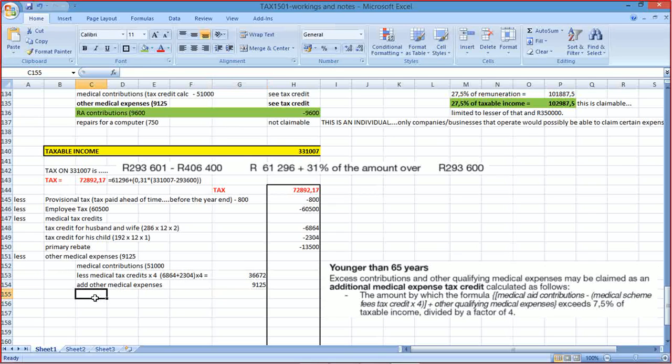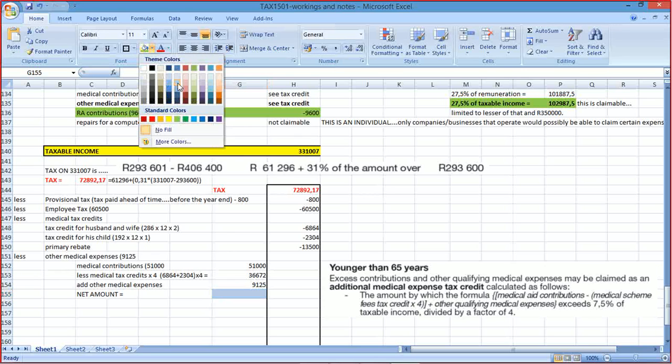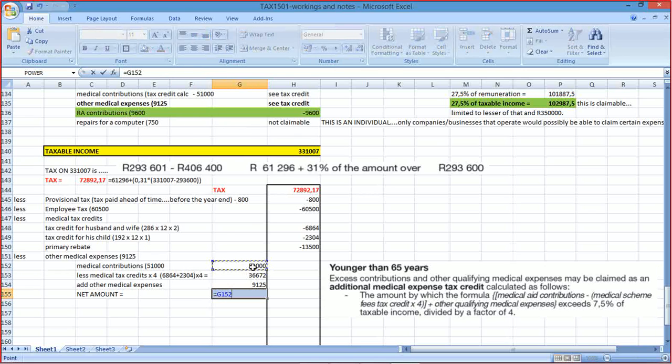Let's check. Net amount equals 55. Let's just write the 55 there. So this net amount, 55 minus that plus this gives me 23,453. Does that make sense?